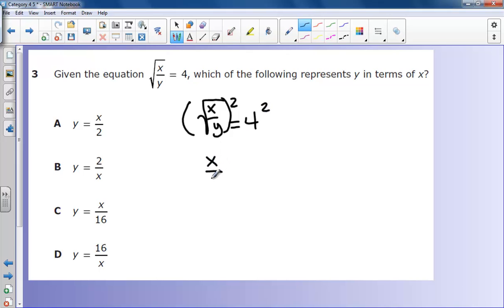So I get x over y is equal to 16. And then probably the easiest thing to do here would be to turn this into a proportion. And so I get 16y is equal to 1x. So y is equal to x over 16, which will be answer choice C.